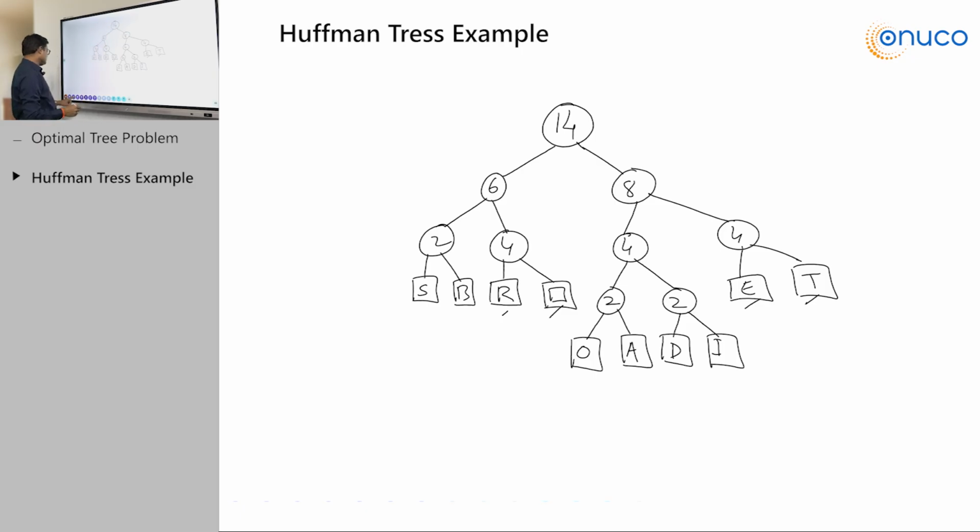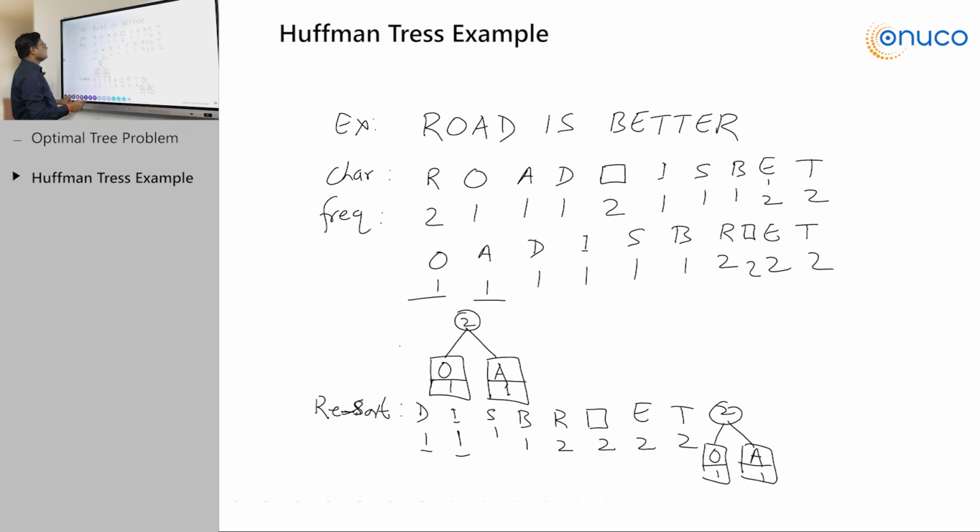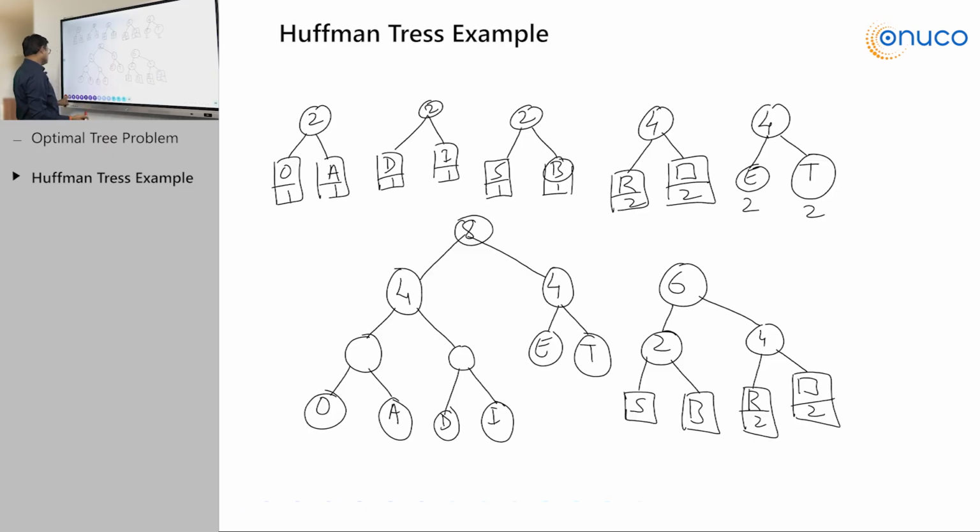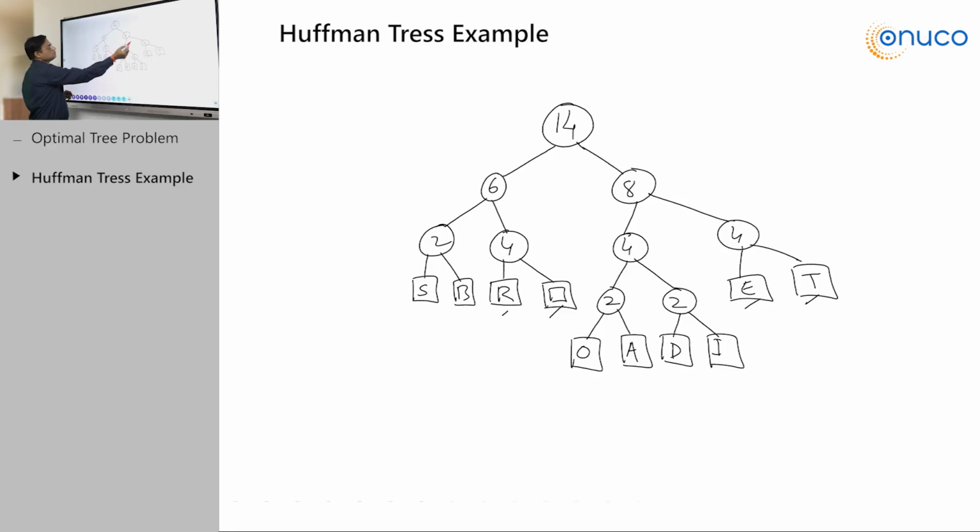Okay, I will show you once. Look here, the frequency of letter 2 is R, blank space, E and T, right? So these original values of R, blank space, E and T are close to the root node. Our frequencies having lesser values, 1, are very far away from the root node.